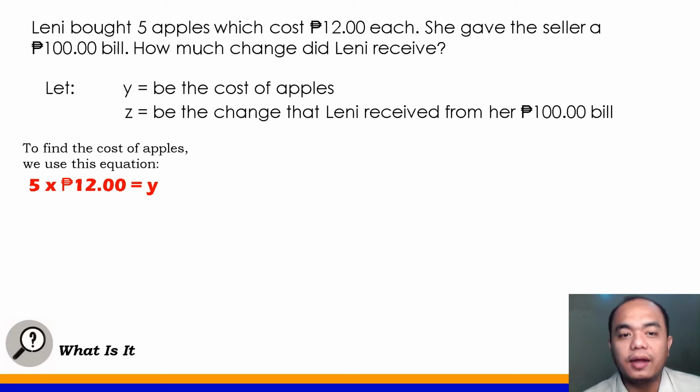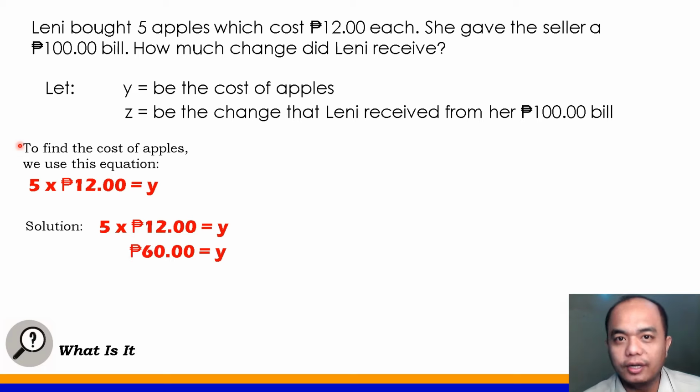So again, letter y dito, ito yung variable na nagre-represent ng cost sa apples o yung magkano lahat ba ang ibinili na apples ni Lenny. So, this is now the solution. Ito na ang solution sa ating equation. So, again, 5 times 12 pesos equals y.